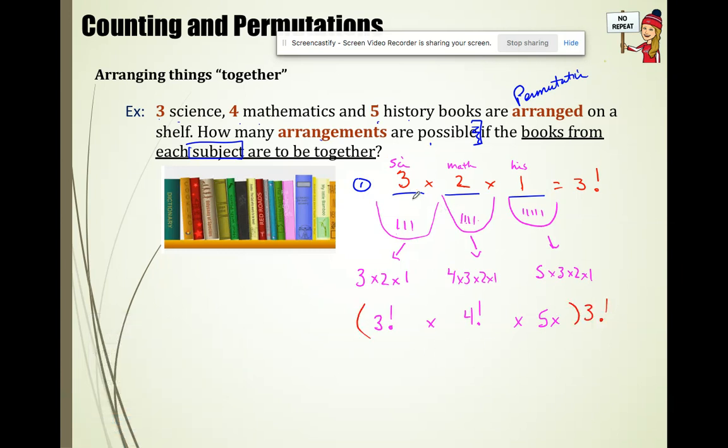The 3 factorial from grouping them together. 10,368 ways to arrange those books, but grouping the science, math, and history ones together. Kind of crazy, right?